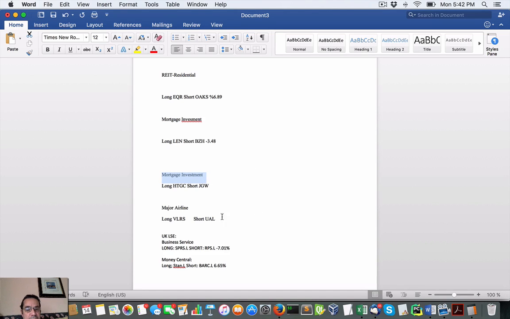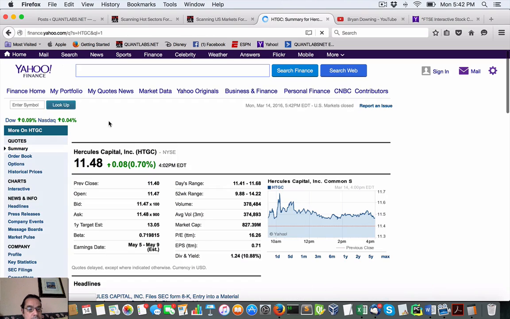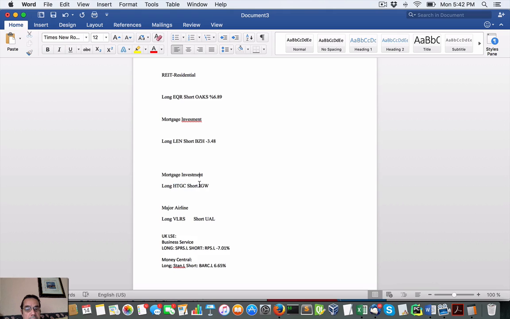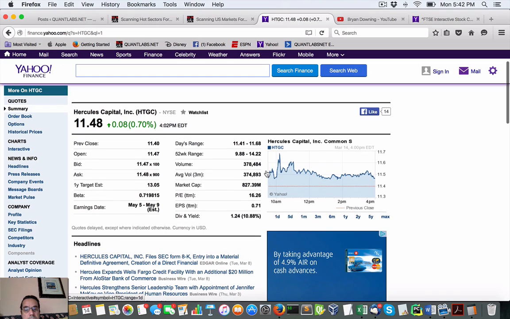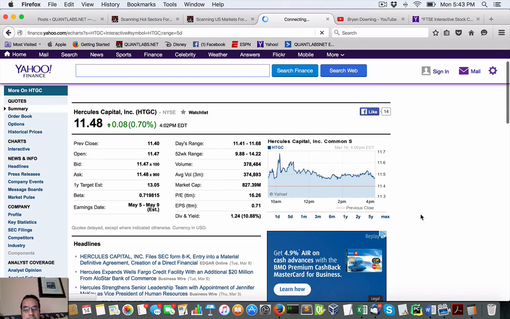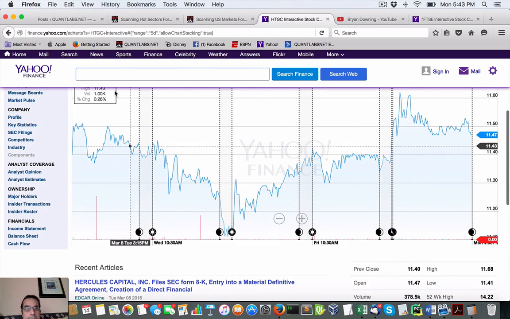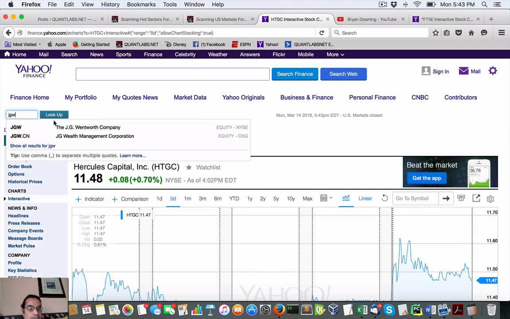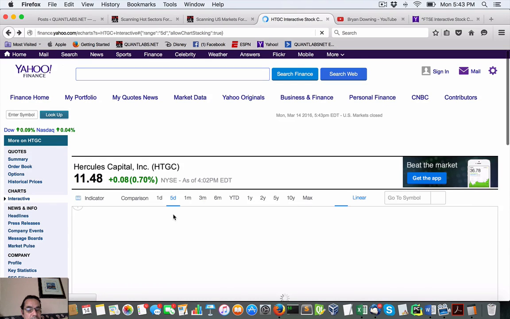And the next one in the mortgage investment field. Our long is HTGC, on the 5-day chart. And how did the other end do? JGW, the short. Oh, no, we want to do a comparison.